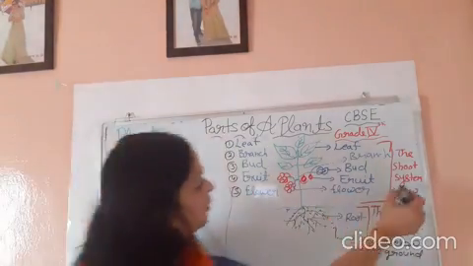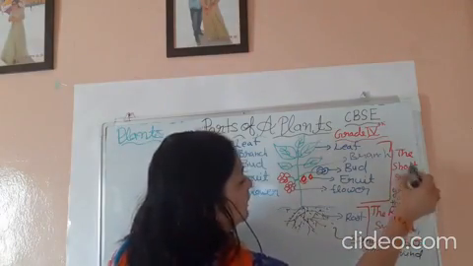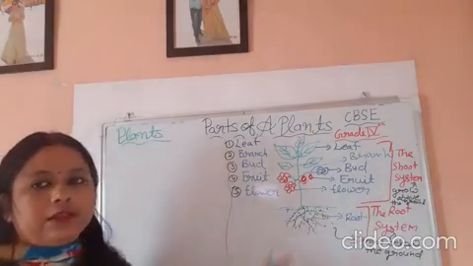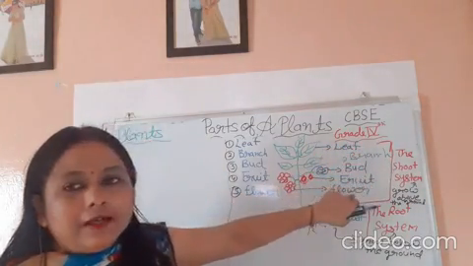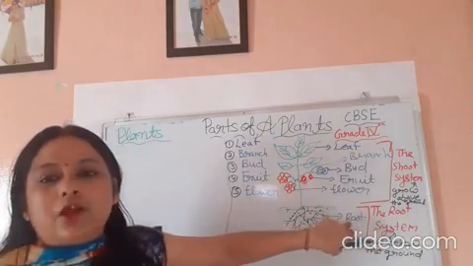The shoot system consists of leaf, branch, bud, fruits and flowers, and the root system consists of roots.